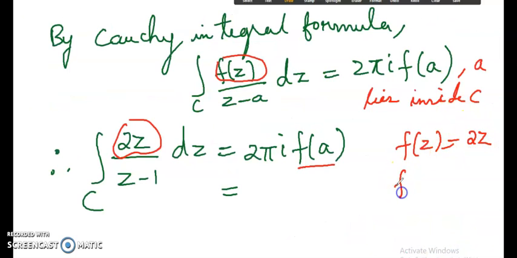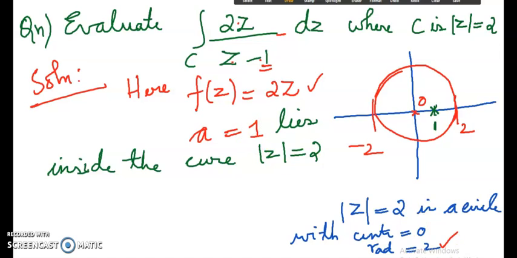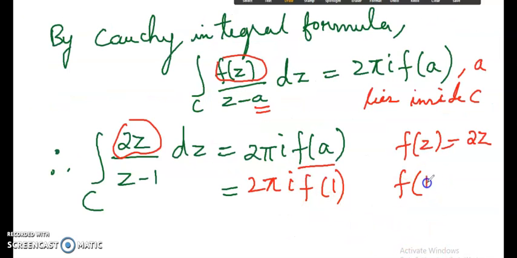Then what will be f of a? We have 2 pi i f of a, and a value is 1, right? So instead of a, I can write 1 here. f of 1: f of z is 2z, that is the numerator, so replace z by 1. 2 into 1, that is 2.